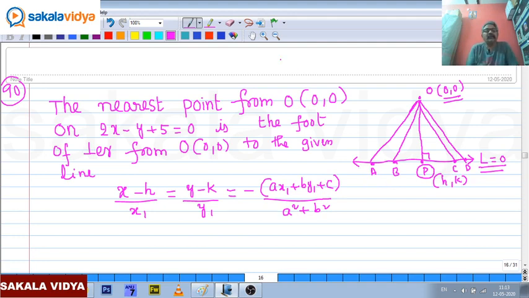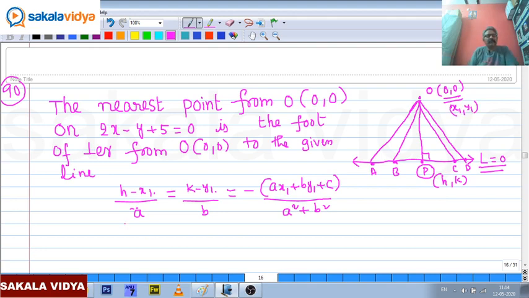Sorry, I wrote it wrong. It is h minus x1 by a equal to k minus y1 by b equal to minus of (ax1 plus by1 plus c) by a square plus b square. This is the foot of the perpendicular formula. So this is h comma k, this will be x1 comma y1.